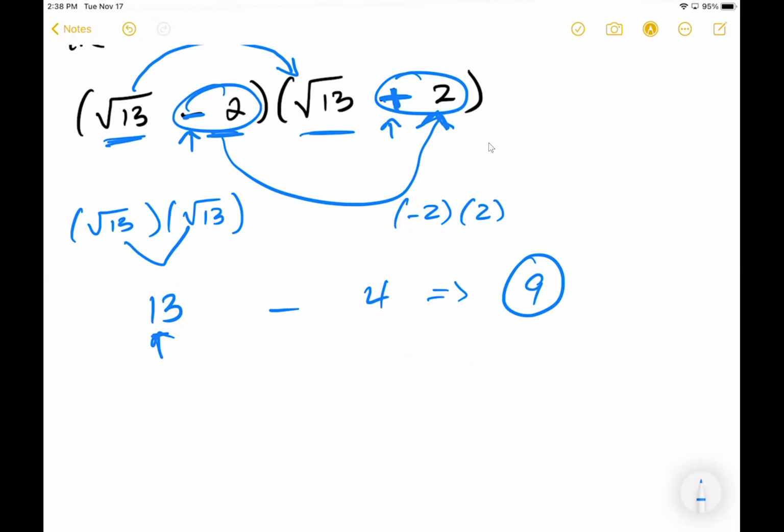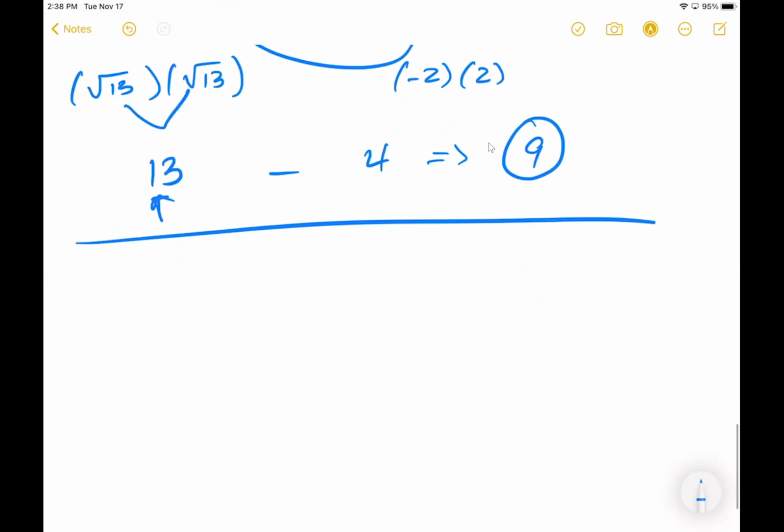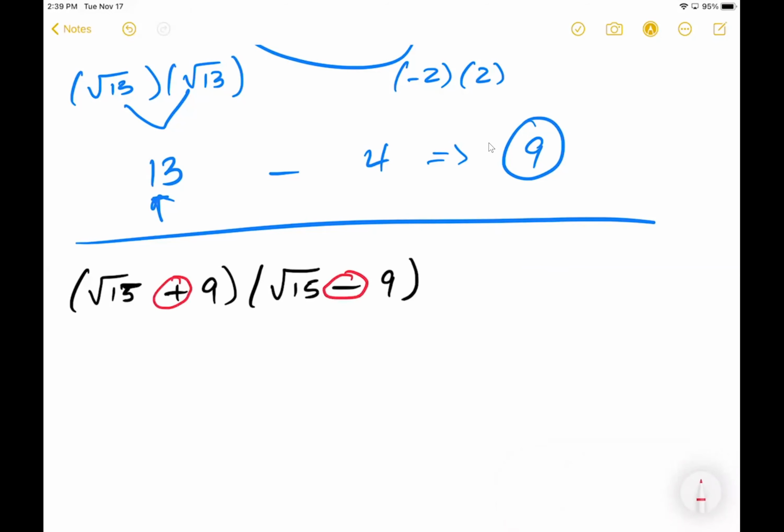You see the question, but this is our goal here: no matter what I give you, I can give you the radical 15 plus 9 times radical 15 minus 9. And the only thing different is one of them is positive, the other one is negative. So as you see this, what you need to do is take this item times this item, take this item times this item.